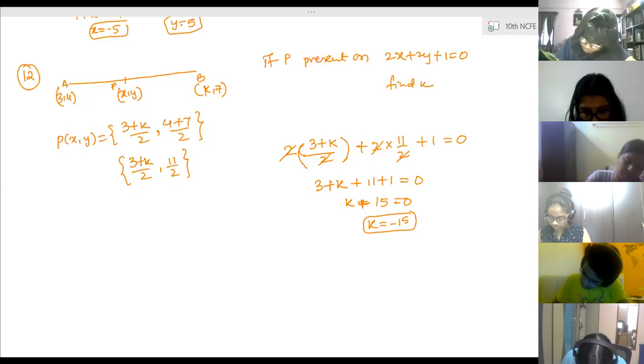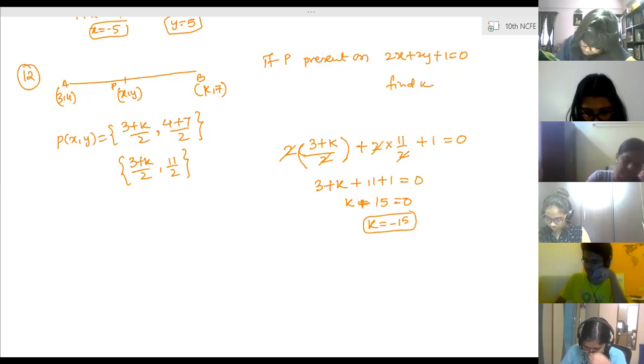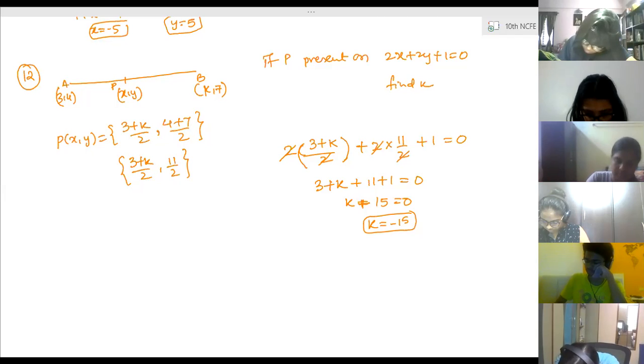What is the section formula? Ma'am, x is equal to m1 into x2 plus m2 into x1 by m1 plus m2. Then leaving that, why are you using the distance formula?